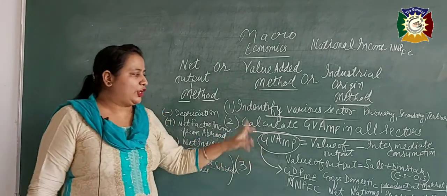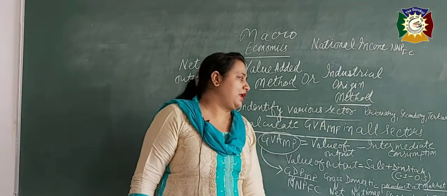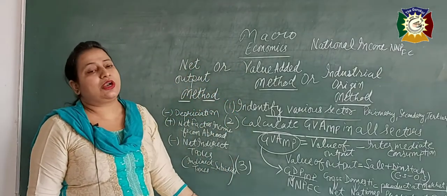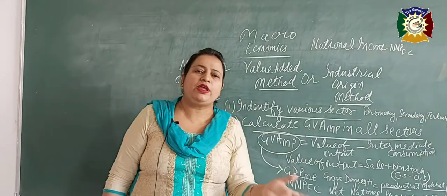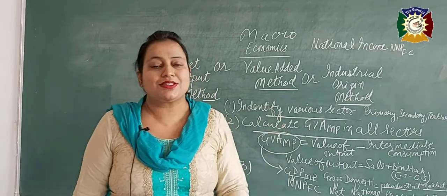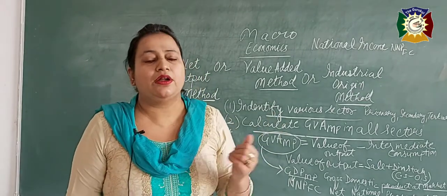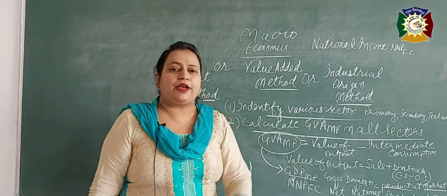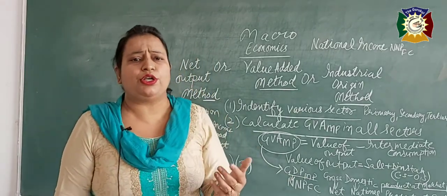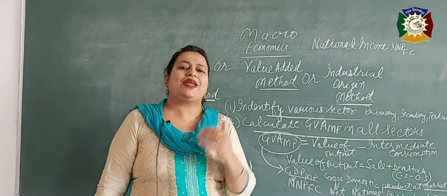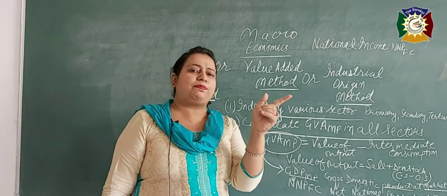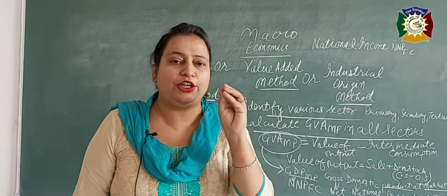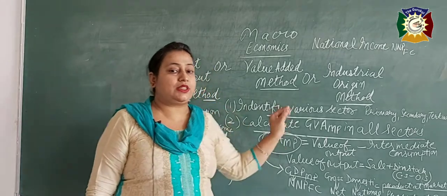Second step is to calculate GVA-MP in all sectors. What do you mean by GVA-MP? Gross value added at market price. The difference between market price and factor cost I already told you. I hope you understood that chapter and will use those terms in this chapter.